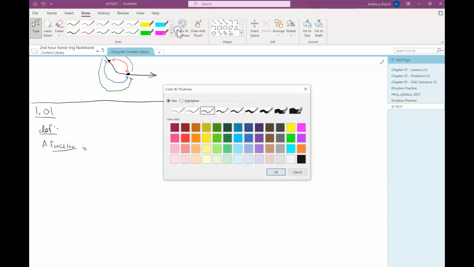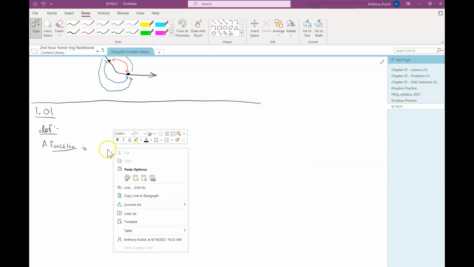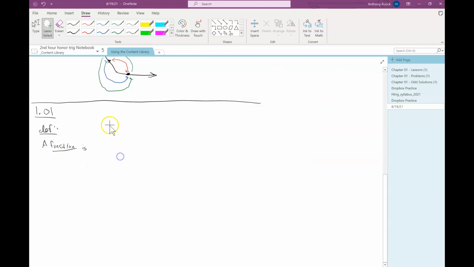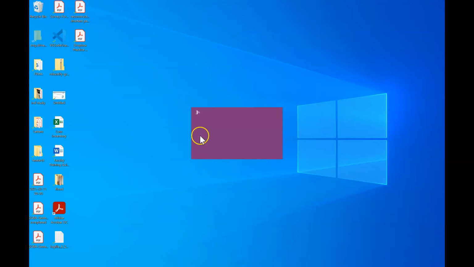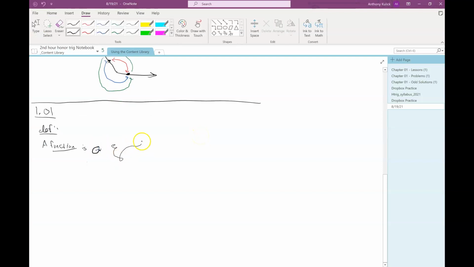Guys, I am technology. My stylus shouldn't be connected to what's going on up there, but somehow it's writing even though I'm not on the screen.